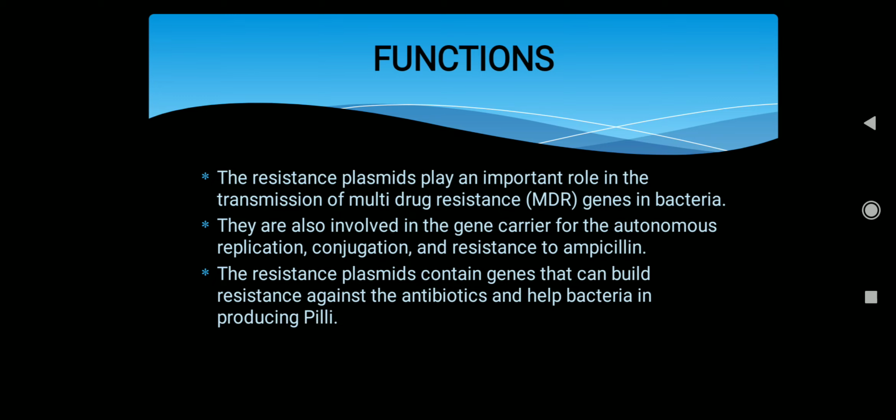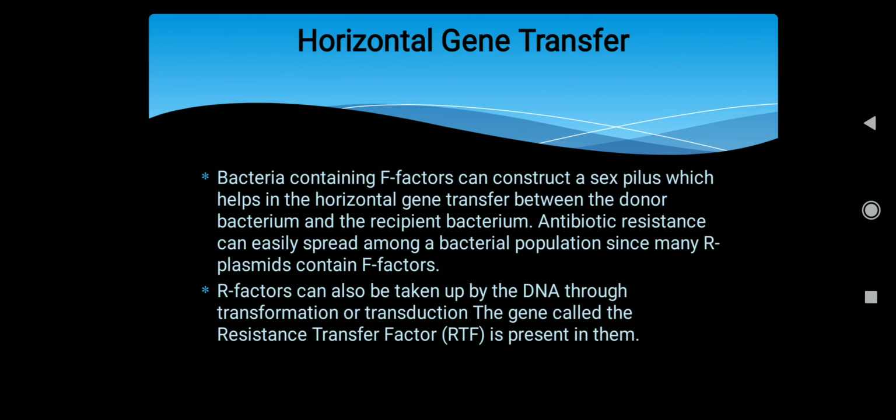That helps the bacteria, sorry, not the R plasmid, that helps the bacteria. Since they have genes responsible for producing pilus, they can help in conjugation. These are the major functions.